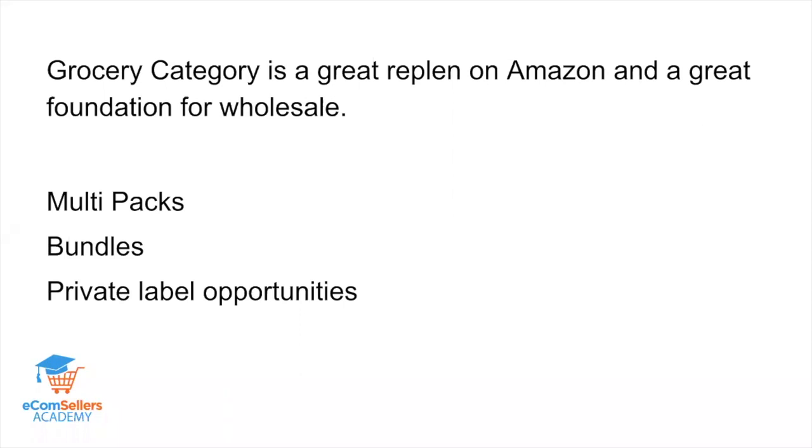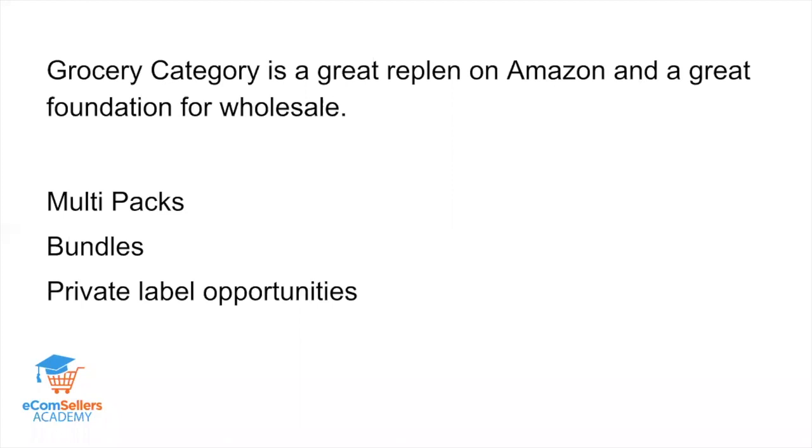Especially now during this pandemic, that was one of the categories that really wasn't restricted when Amazon first started locking down things that you could sell. Grocery was a major category that the sales were just jumping. People were ordering stuff so fast you couldn't hardly keep up.